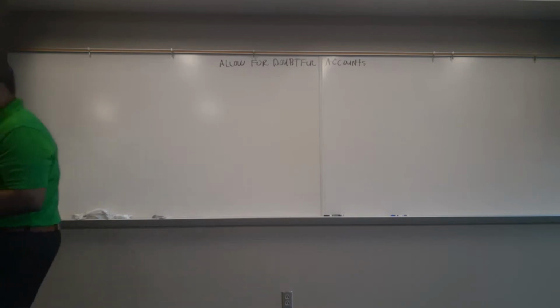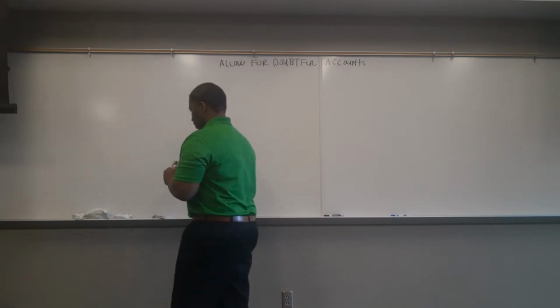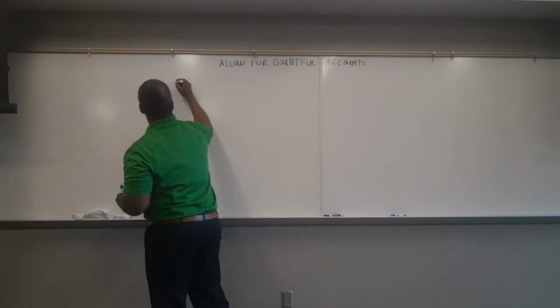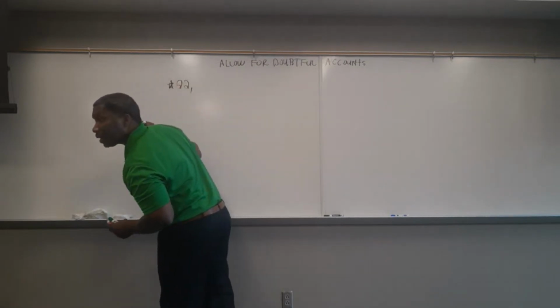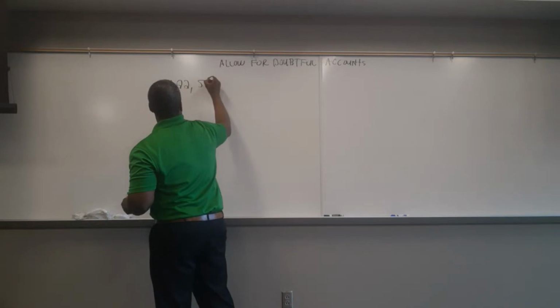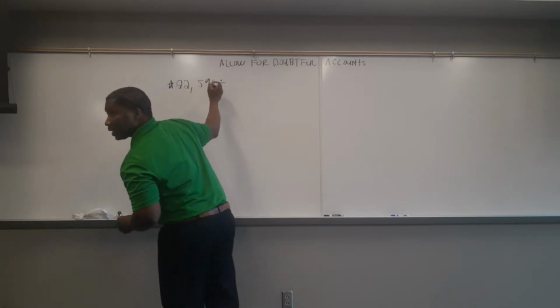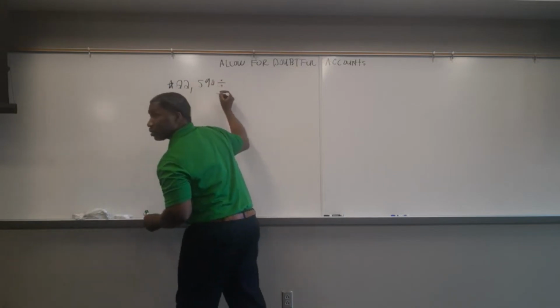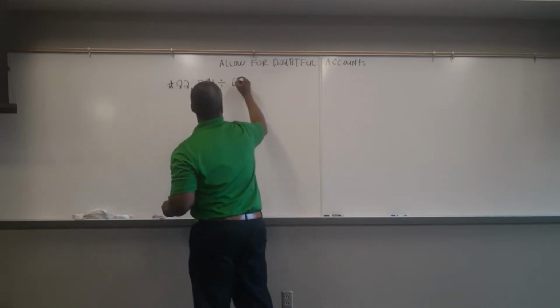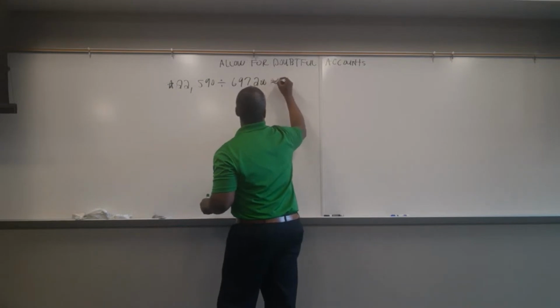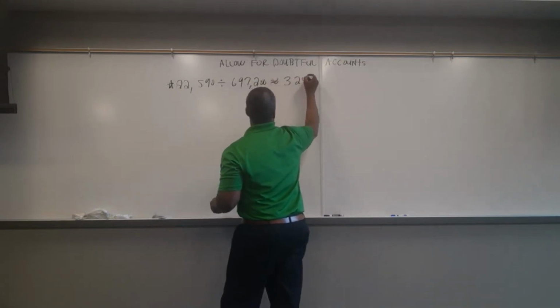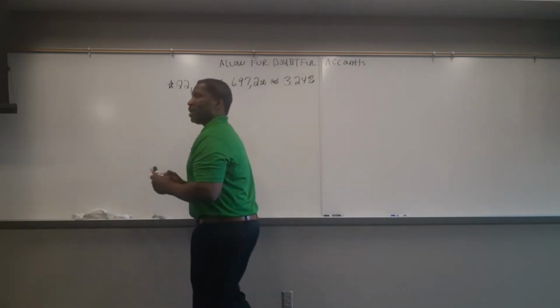So this is a calculation: $22,590, which is what my allowance account is, divided by $697,200, is going to equal approximately 3.24%, okay? So that's what's in there.